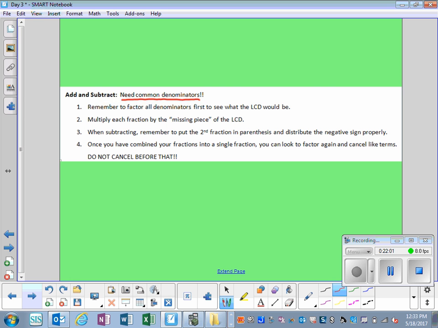So factor all denominators first, figure out what your least common denominator is, multiply each fraction by the missing factor, and then when subtracting, remember to put the second fraction in parentheses to distribute the negative sign. We'll see the example. Once you have combined your fractions into a single fraction, try to simplify again by factoring, canceling out common factors. Questions?